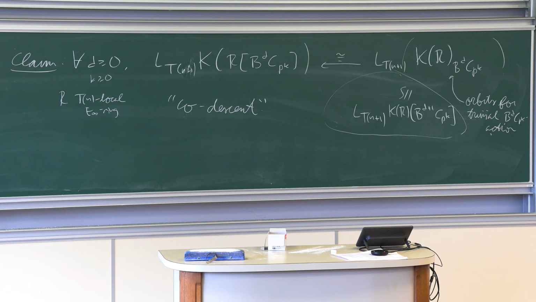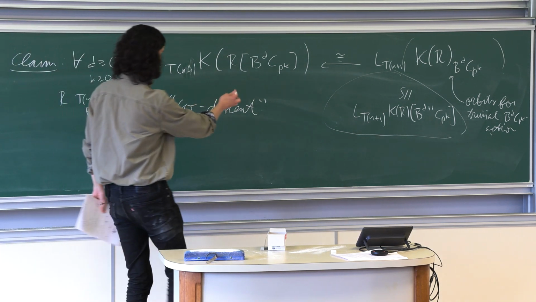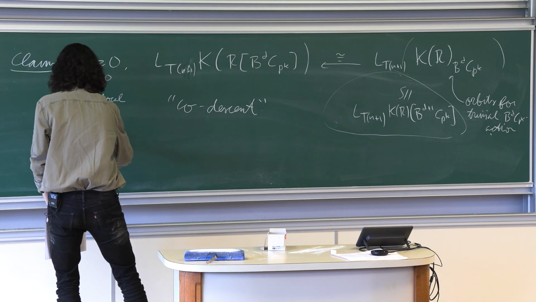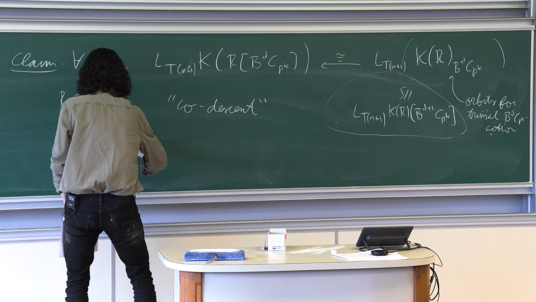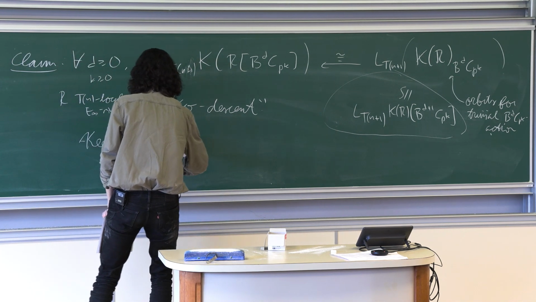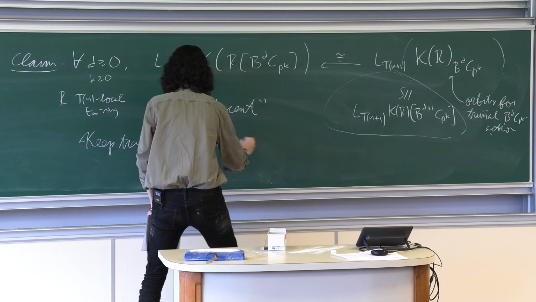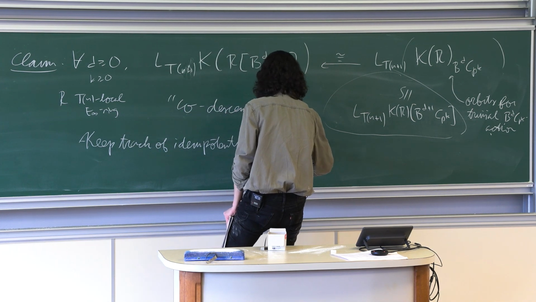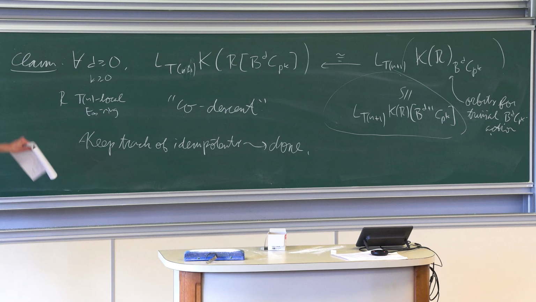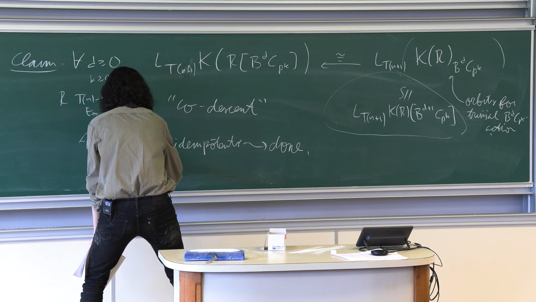And then you're basically done, and then you keep track of idempotents. Of course, that's where all the technical work happens, in keeping track of these idempotents. And this uses semi-additivity.